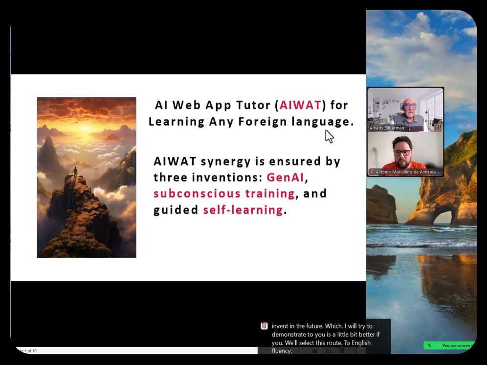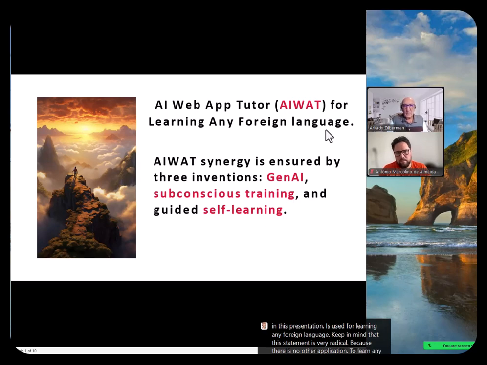AI Web Application Tutor, acronym AIWAT, and I will use this acronym in this presentation, is used for learning any foreign language. Keep in mind that this statement is very radical because there is no other application which allows you to learn any foreign language.